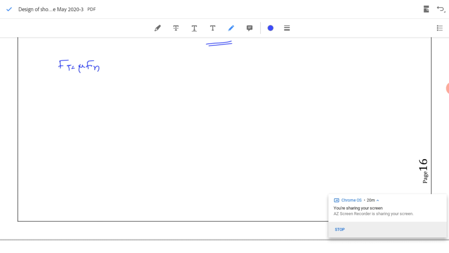Suppose we have the drum here, the shoe is fixed on a lever, and here we have the fulcrum. In such a case, we are interested in the design of the shoe.